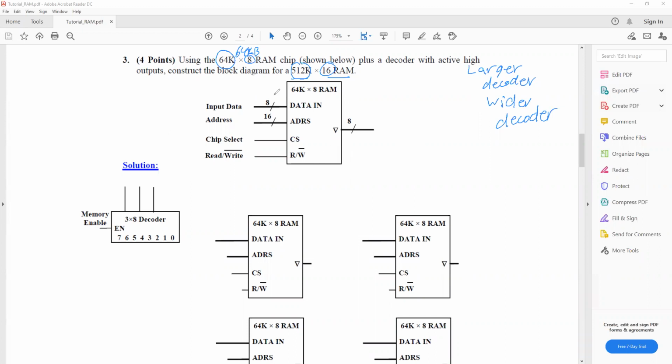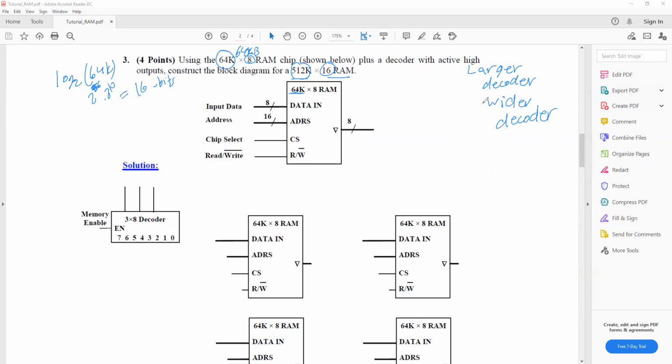So this memory that we have, if you have 64K, that means you have log2 of 64K, which is 2 to the 6 by 2 to the 10, which is 16 bits of address. That's why the address is 16-bit. The input data and the output data is 8 because you have that number of bits per word. And then you have the two control signals, which are chip select and read write bar.